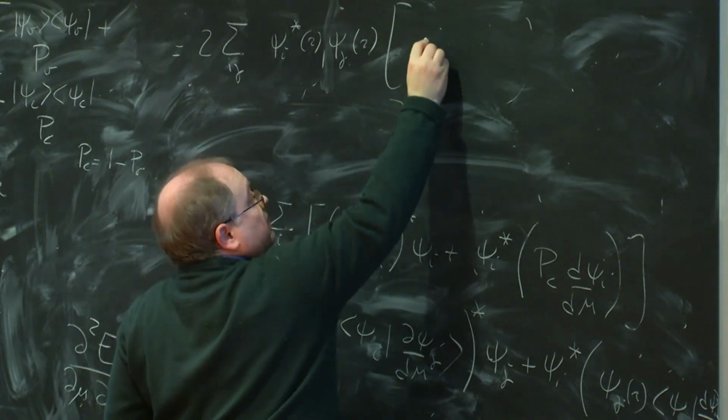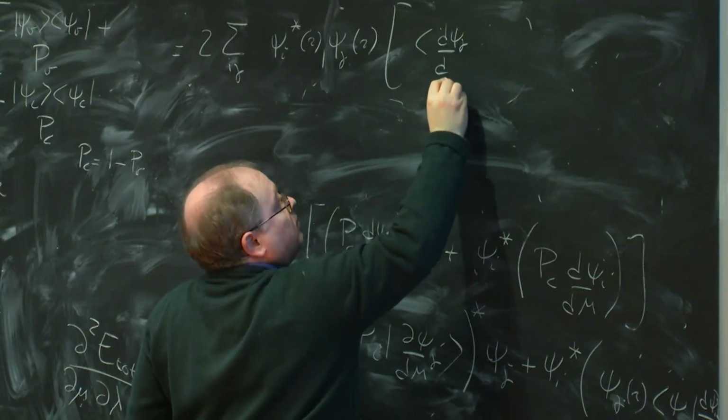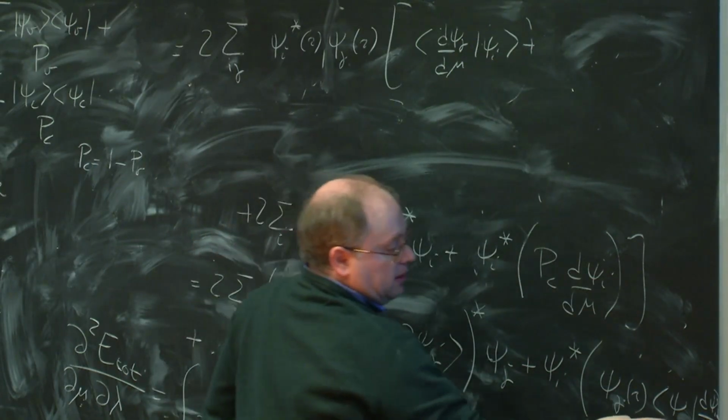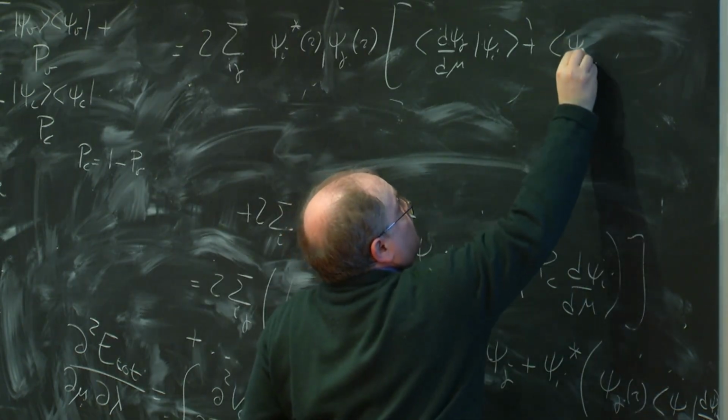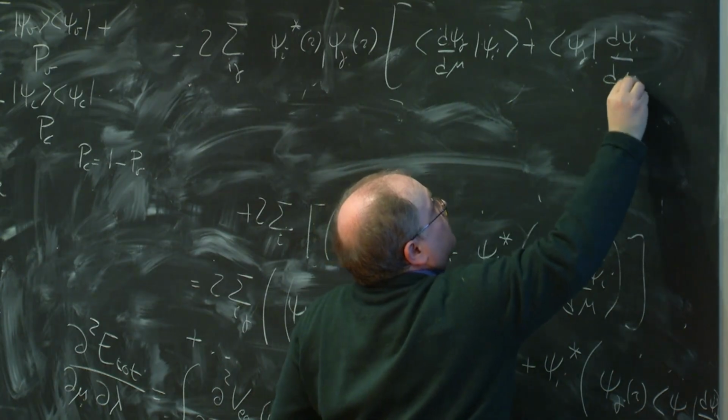So here I have the d Psi J over d mu Psi plus this term, Psi J d Psi over d mu.